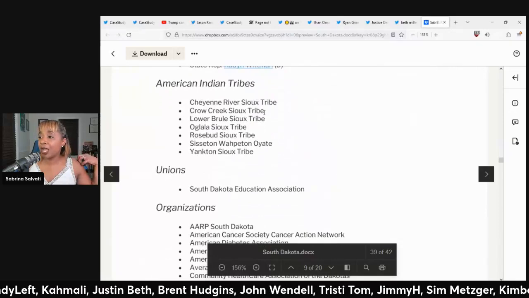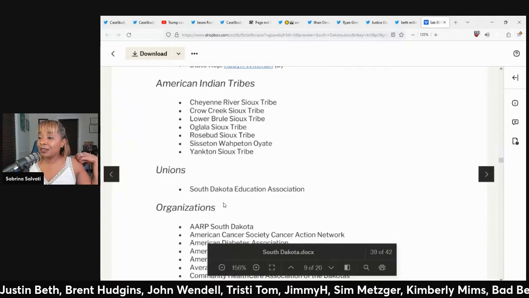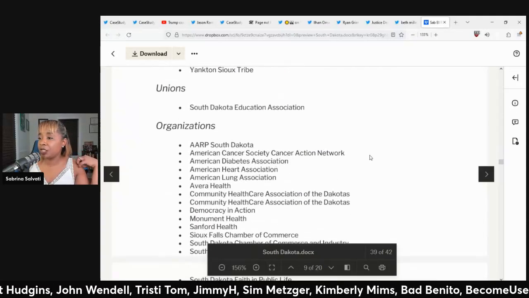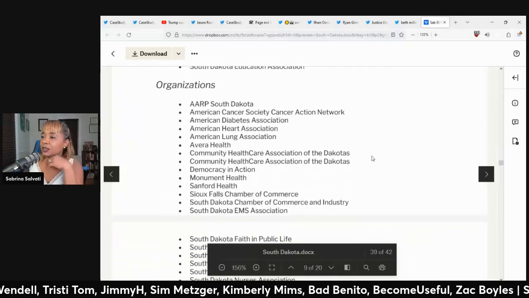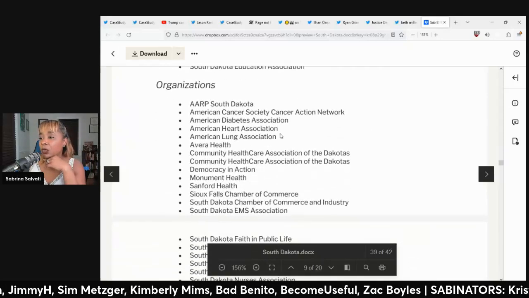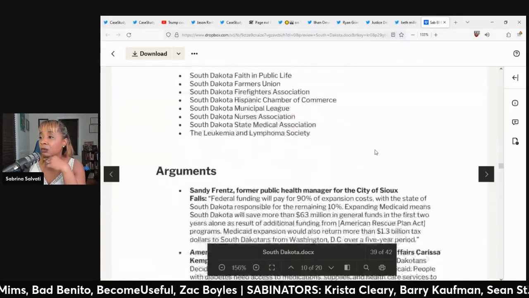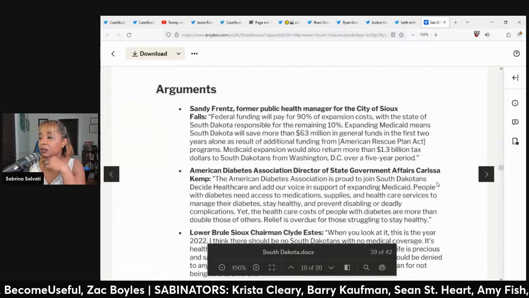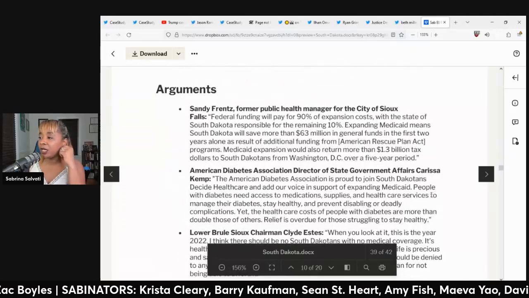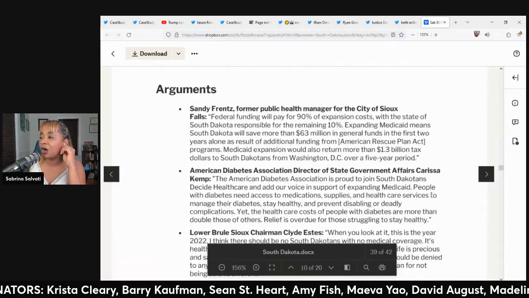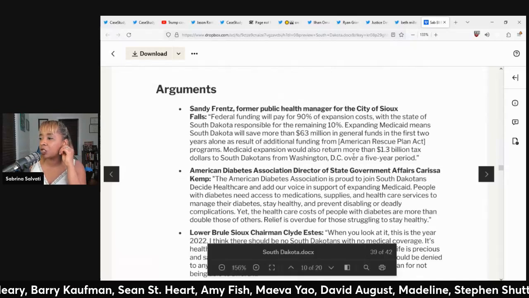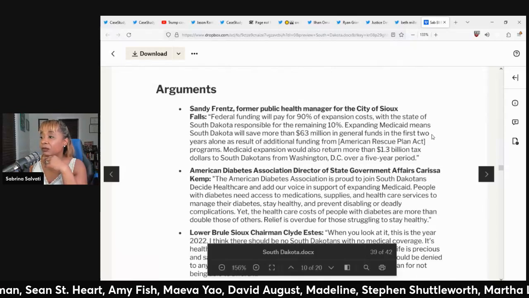American Indian Tribes Union, South Dakota Education Association, organizations, AARP of South Dakota, American Heart Association, to name a few, right? So a lot of the medical organizations. One of the arguments: federal funding will pay 90% of expansion costs, with the state of South Dakota responsible for the remaining 10%.